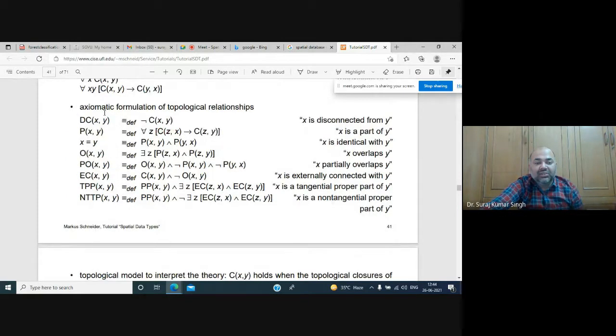You can see the different kinds of axiomatic formulation of topological relationships, where x is disconnected from y, x is a part of y, x is identical with y, x overlaps with y, x partially overlaps y, x is externally connected to y, x is a tangential proper part of y, x is a non-tangential proper part of y.